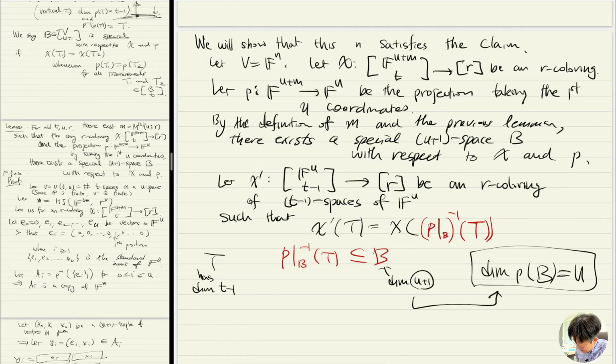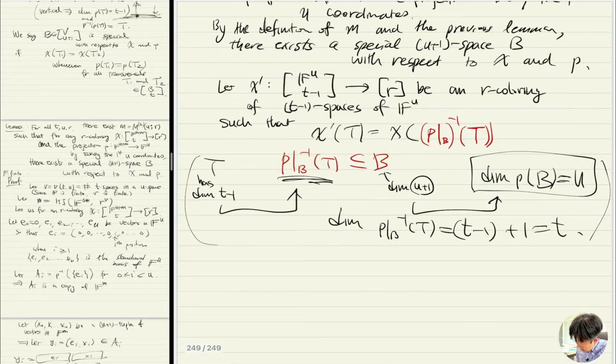When I take the inverse, we gain one dimension. So the dimension of P inverse T is going to be T. We gain one. Then each T space has a color.